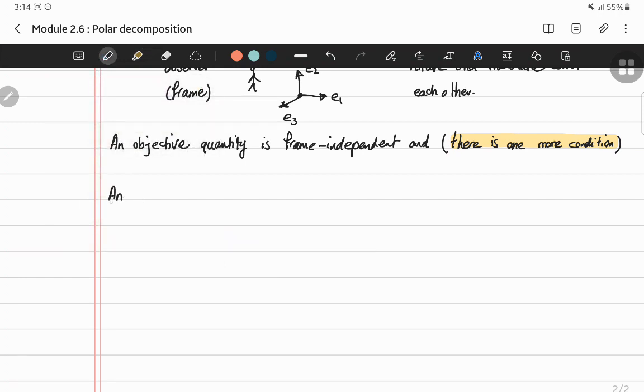Also, a non-objective quantity is frame dependent. Remember, it depends on the observer. All right.